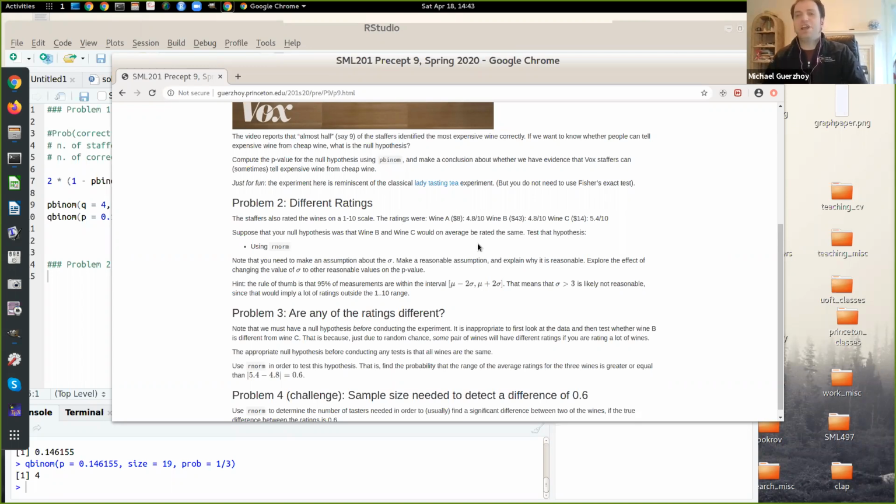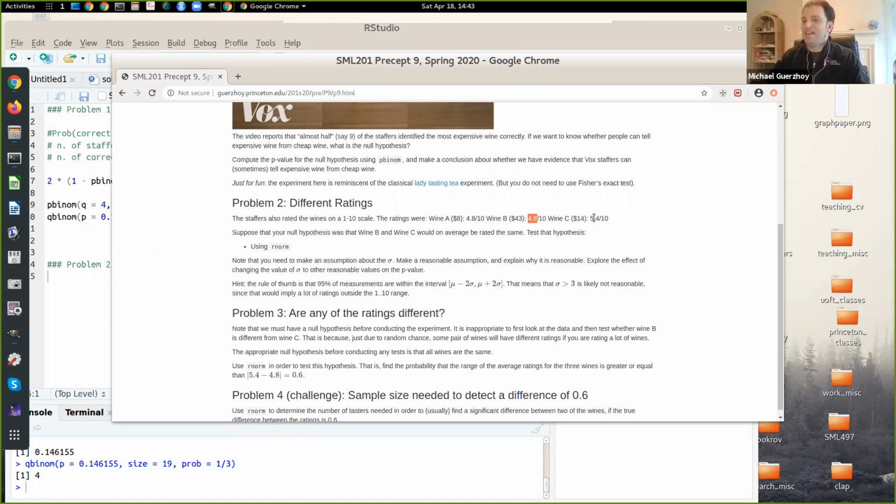Now, we don't actually have enough data to test this hypothesis without making further assumptions, because we don't know how the ratings are distributed. That matters, because if all the ratings from all 19 people for wine B were 4.8, and all the ratings for wine C were 5.4, we would say that's pretty good evidence that those are the actual ratings.